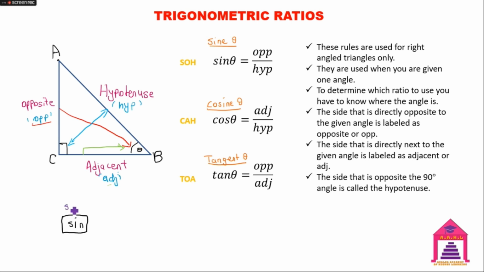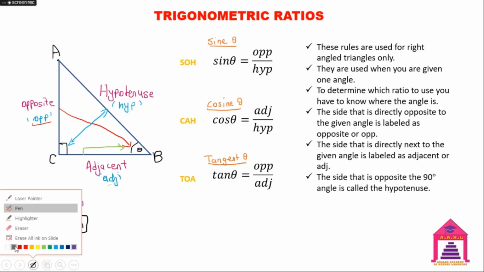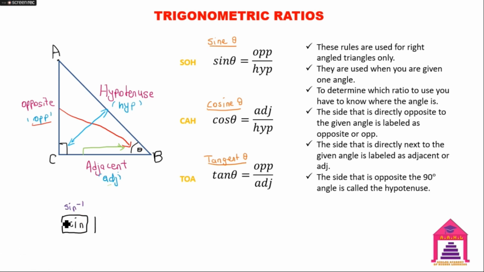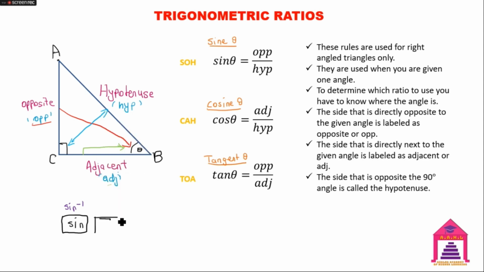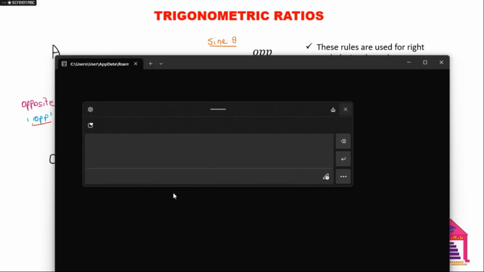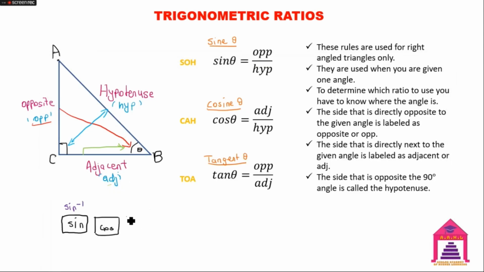you would see SIN minus 1. And next to that, either to the left or the right, you will see another button that says COS, and another button that says TAN.